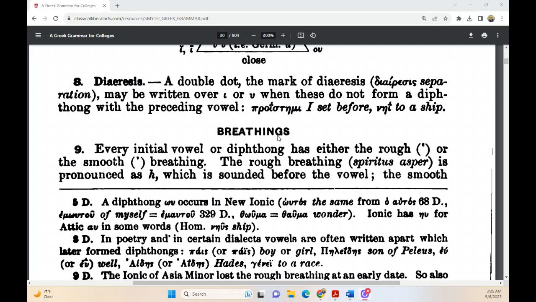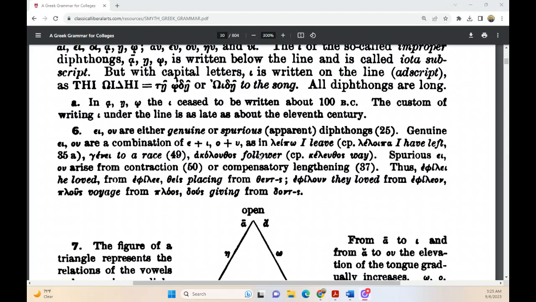Now, you might be wondering, what in the world does breathing in Greek mean? If we look at some Greek words, you'll notice that when Greek words begin with a vowel, like the word akoluthos, there's a symbol above the first vowel. Here we see ephilee, and a symbol above the epsilon at the beginning.